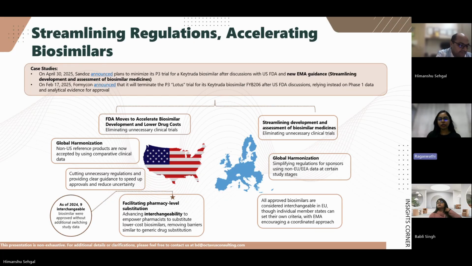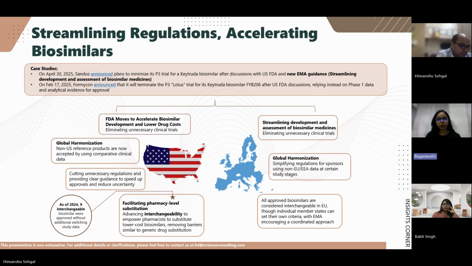So this is a slide where we are also trying to map the difference between the US and the EU. Now the US has been slowly adopting, it is also accepting non-US reference products for comparative clinical data of the biosimilars. They are cutting down the unnecessary clinical trials to speed up the approvals. So all this is reducing uncertainty, and based on this, they are facilitating pharmacy level substitution.